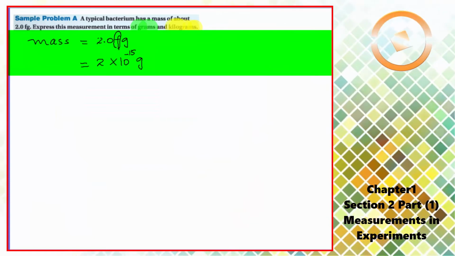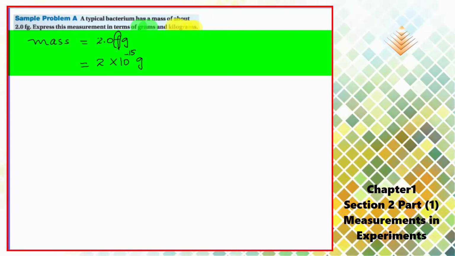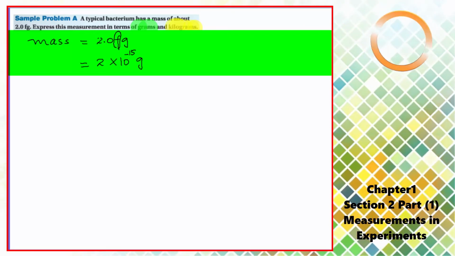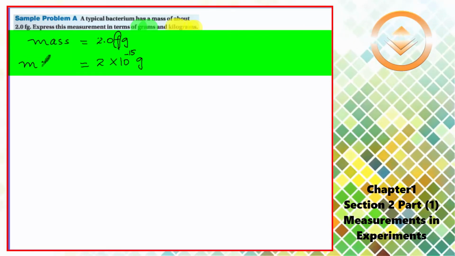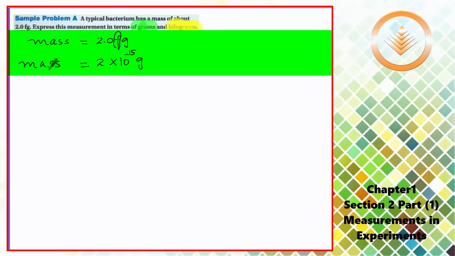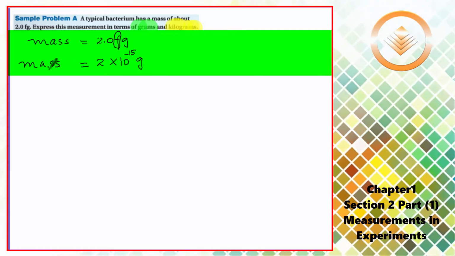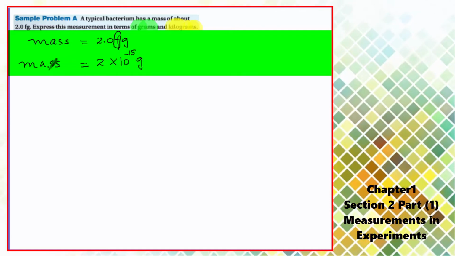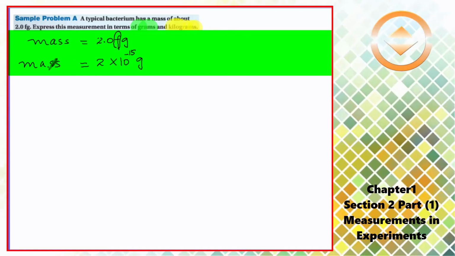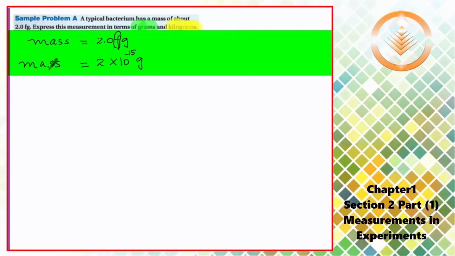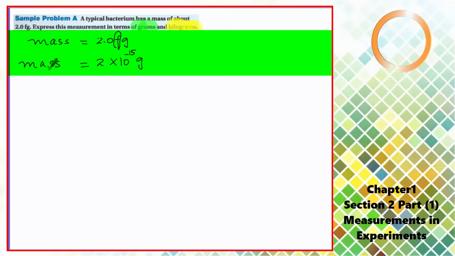So we already changed it to gram. If you are asked to write the mass in grams, the mass will be 2 times 10 to the power of negative 15 gram. The problem is, how do you write this in kilogram? Here is the problem.